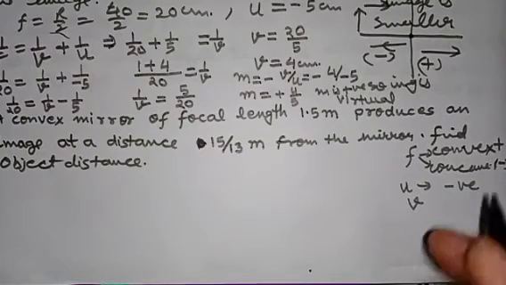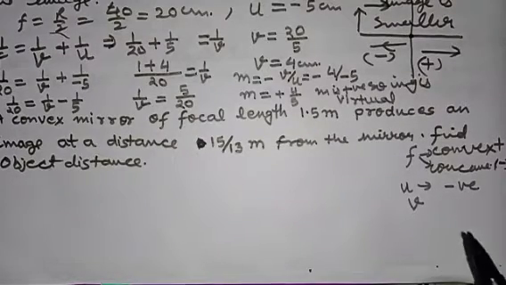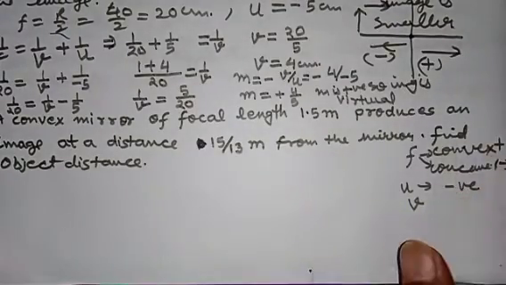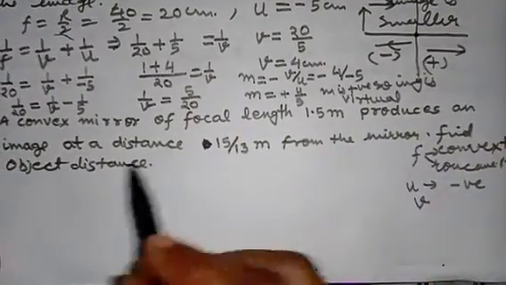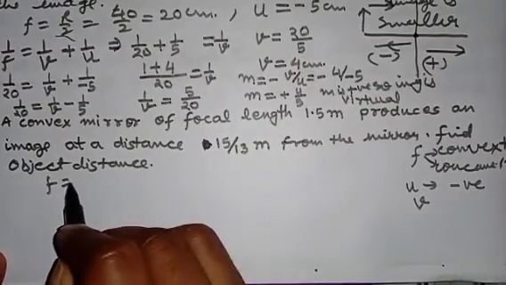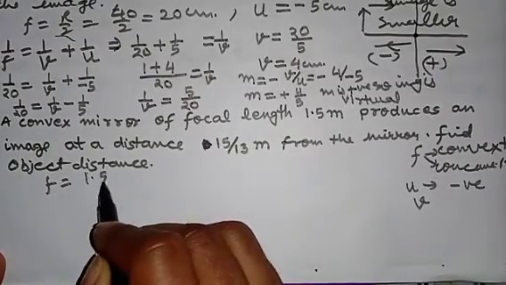But v depends upon the condition. For v you must have the knowledge of image formation, and we have to do it by our thinking only. So here the convex mirror focal length is 1.5 meter.